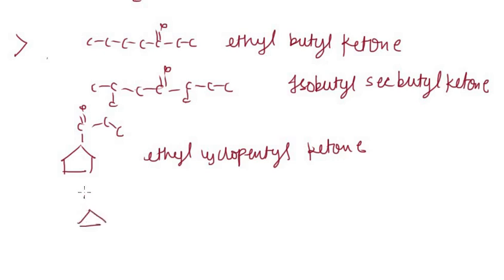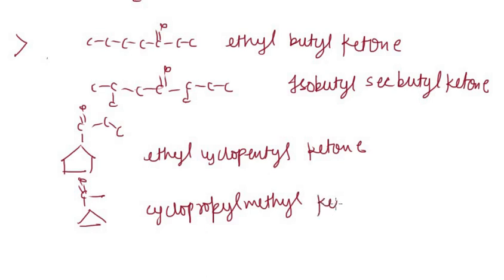Now, in that particular case, C double bond O, C, then it is cyclopropyl methyl ketone, because when we have R, C double bond O, R dash, alkyl ketone, and we have to arrange in increasing alphabetical order. That's how we do the naming of ketone.